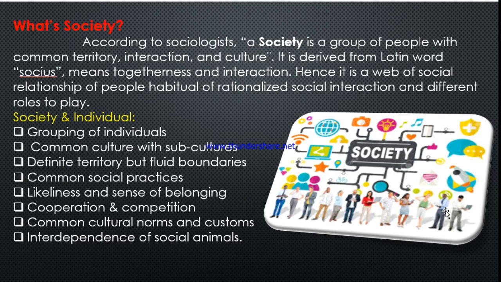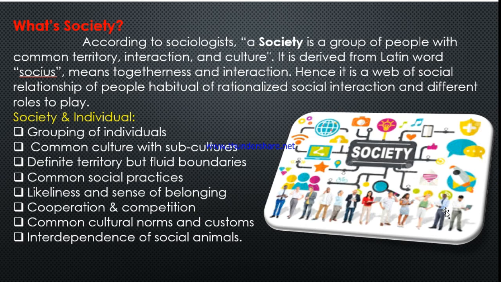So society and individual. This is another topic. It is a grouping of individuals. They have common culture with subcultures. They have definite territory but fluid boundaries. So that's one of the differences between the community and society as well. Community has definite and defined boundaries, while society has fluid boundaries.